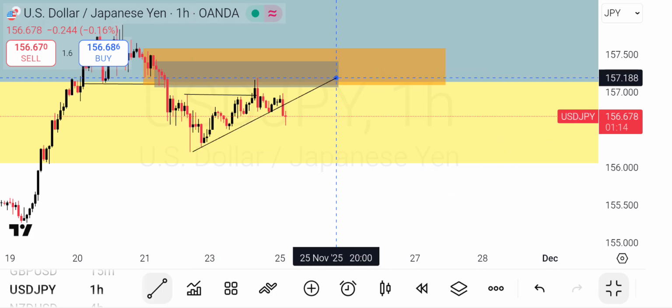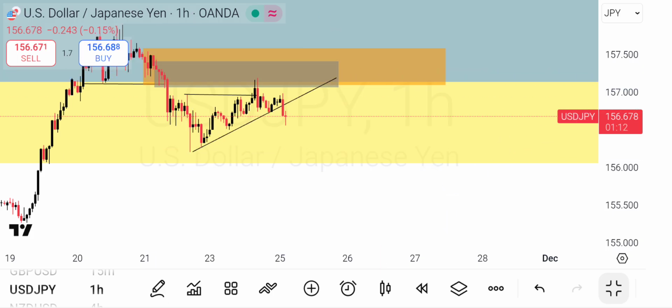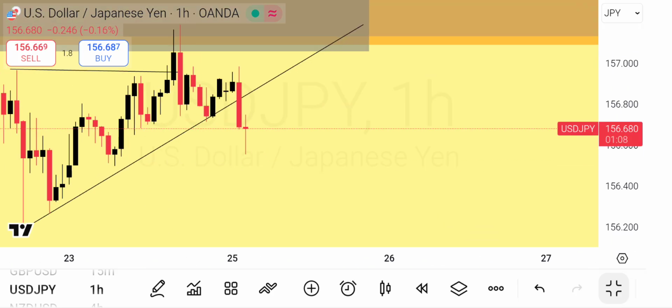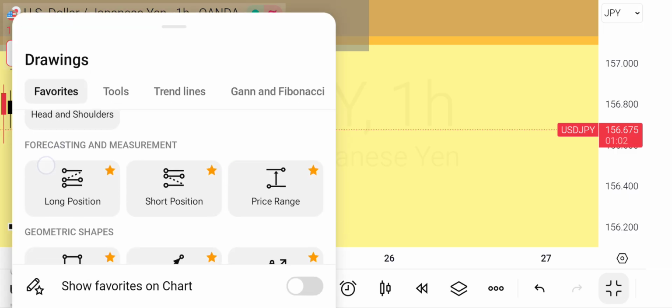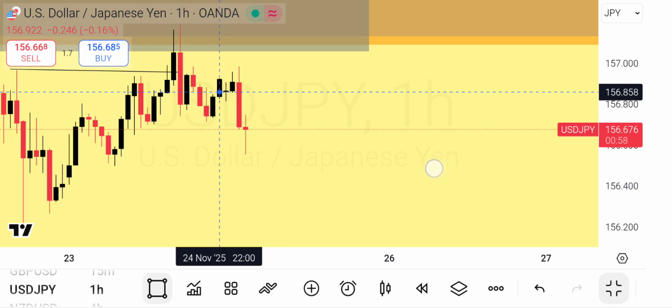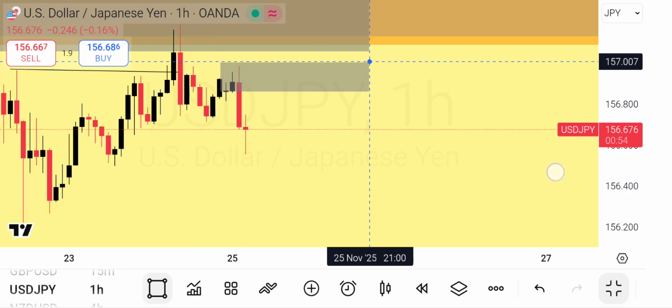As you can see, the market has already broken my counter trend line, but the way I normally go with is to check for a break of structure here, and also the 1 hour current supply.